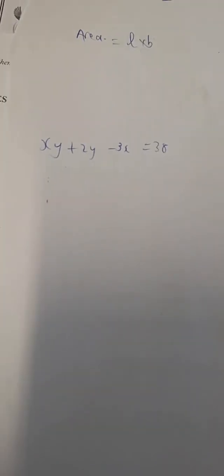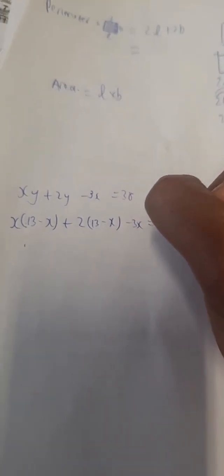xy plus 2y minus 3x is equal to 38. Remember, y is equal to 13 minus x. So in the place of y, in brackets, I substitute 13 minus x.